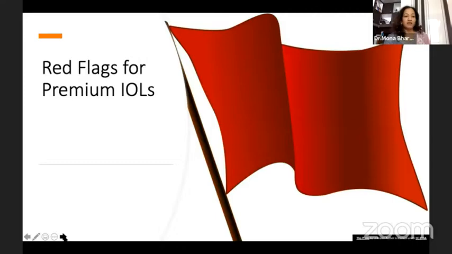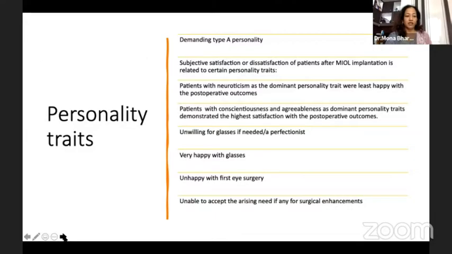So some of the red flags for premium IOLs are, as we all know, that careful patient selection not only focuses on the thorough examination and biometry, but evaluation of the patient personality traits as well. So demanding type A personality, as well as it has been seen that patients with multifocal IOL implantation with certain personality traits like neuroticism are quite unhappy with the post-op outcomes.